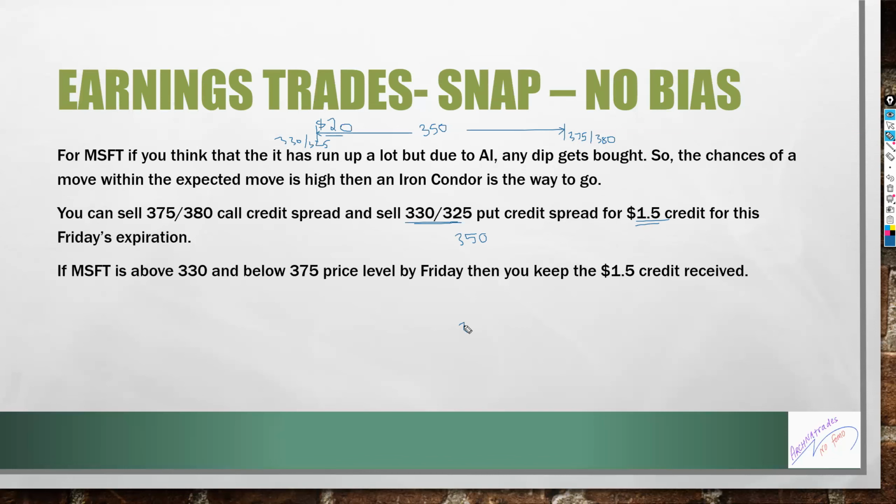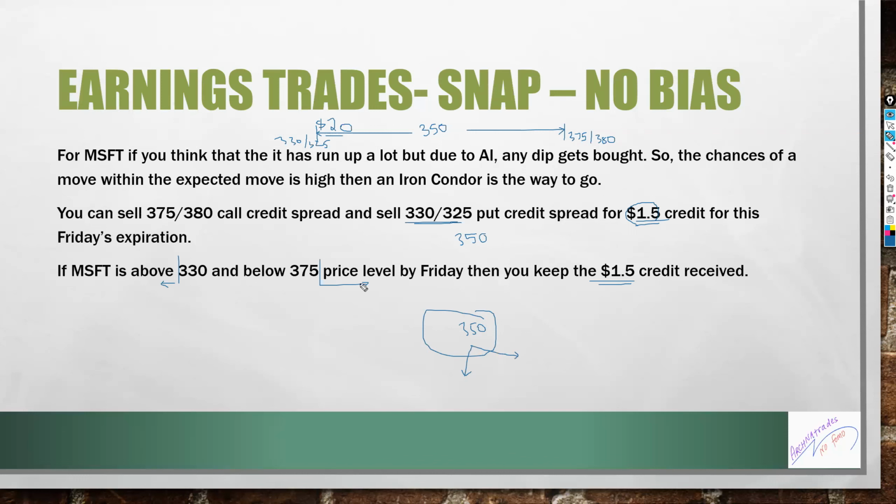So for $5, that's $500, minus the $150 credit, so $350 margin would be taken from your account. So that margin is required. You get $150 credit for it. If Microsoft is between 330 and 375, it doesn't go below 330, it doesn't go above 375, that $150 credit you can keep, and the $350 margin is released.